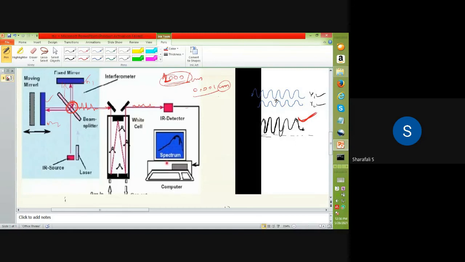All that time the detector has to detect the signal, and the system will store the data, so we will get 1,000 points. First they are stored, then converted into frequency by the Fourier transform technique, and we will get the Fourier transform IR spectrum. That is the idea behind Fourier transform spectroscopy.